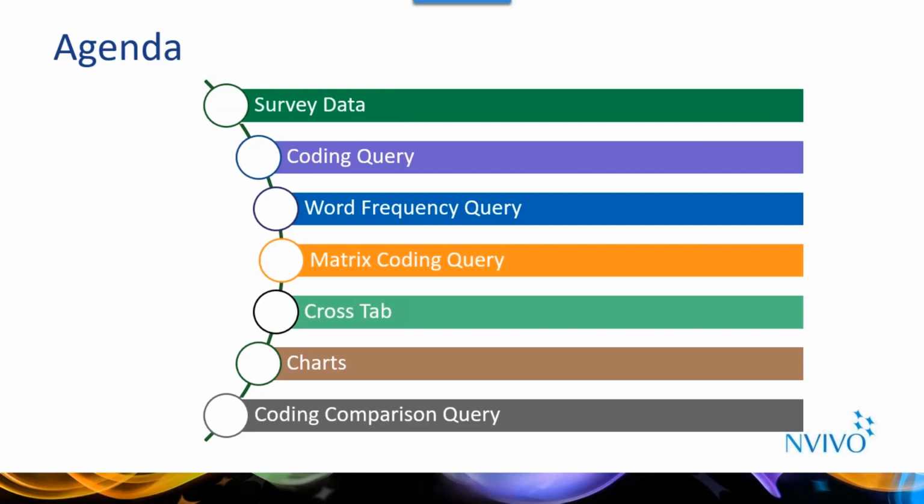But today is to highlight some of the key tools that NVivo has that can be of use to those working in a mixed methods methodology. We'll look at working with survey data, the coding query, the word frequency query, the matrix coding query. A new feature in NVivo 12 is the crosstab, so we'll be introducing that today. We'll talk about charts and the coding comparison query.